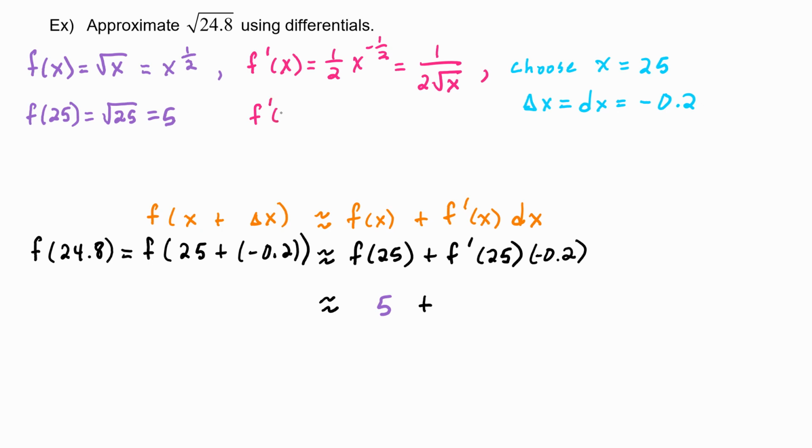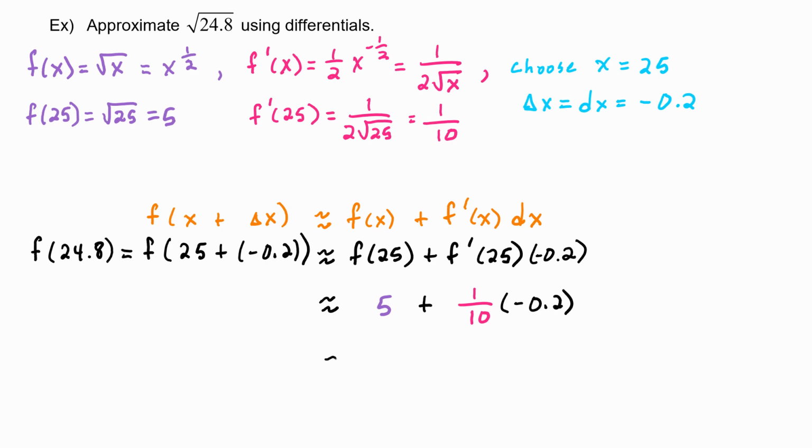F prime of 25 is going to equal 1 over 2 square root of 25. So that means 1 over this denominator, 2 times 5 is 10. So we know that f prime of 25 is 1 over 10, and then we have to take that times negative 0.2.